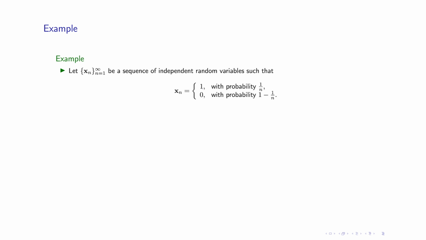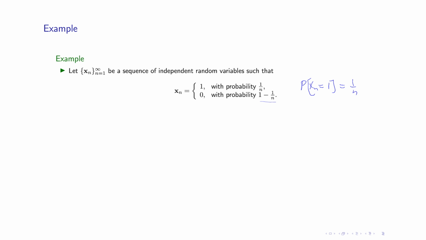Suppose that x of n is equal to 1 with probability 1 over n, and 0 with probability 1 minus 1 over n. So x of n doesn't take any other value. So the probability that x of n is equal to 1 is 1 over n.